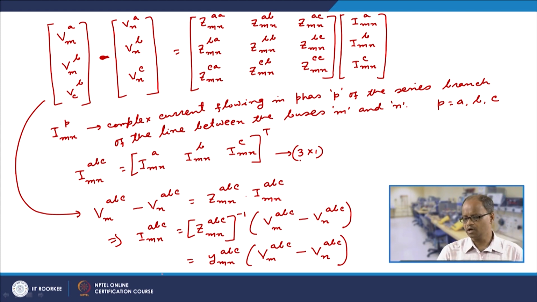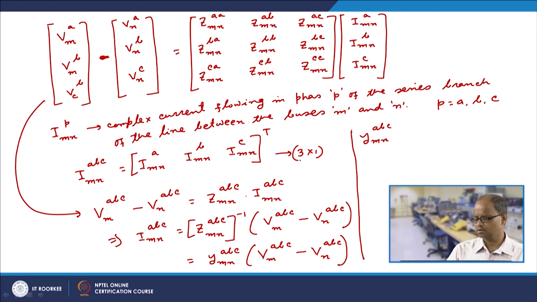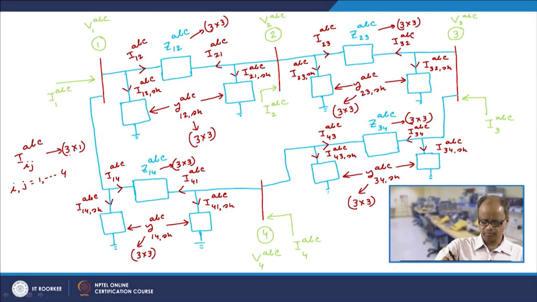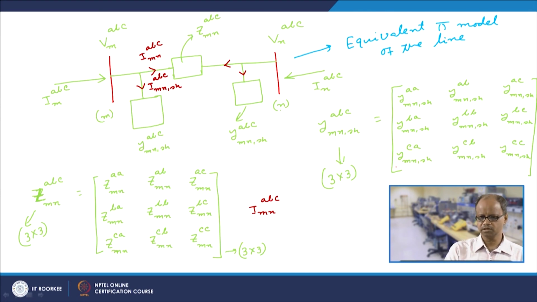We note that Ymn ABC is Zmn ABC inverse. So, this is again a 3 cross 3 matrix, right. So, this is the expression of Imn ABC.